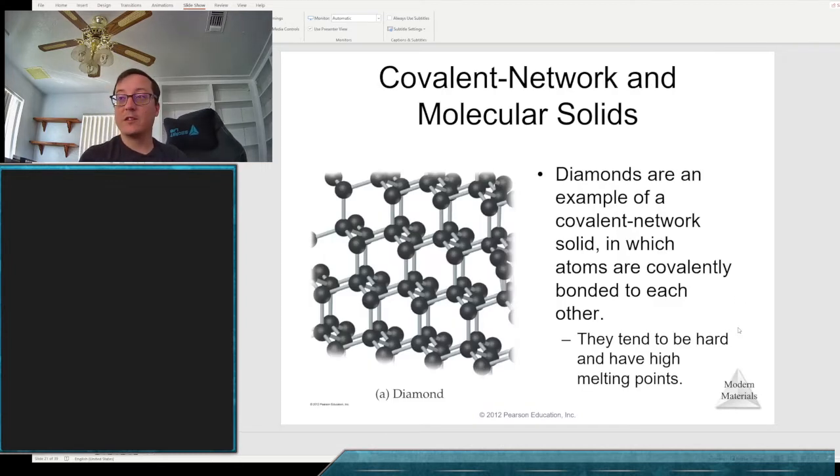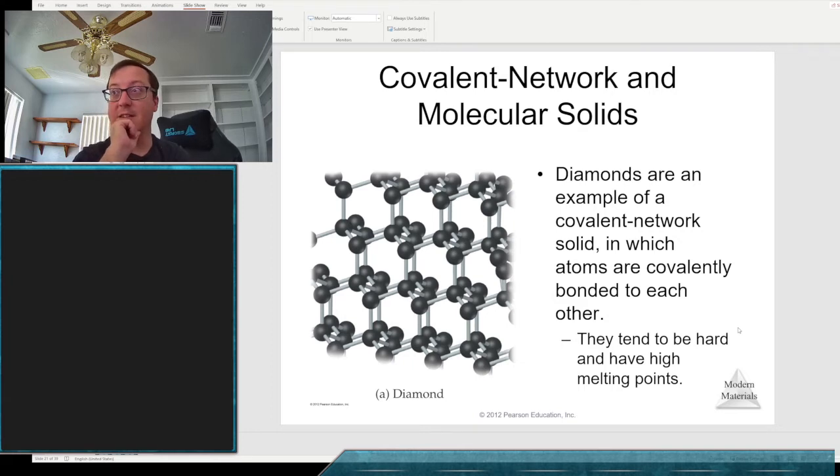With network solids, these are actually covalently bonded things. We're going to see that this would be something like a diamond or graphite, where we have these things just covalently bonded together, and these networks just go on forever.